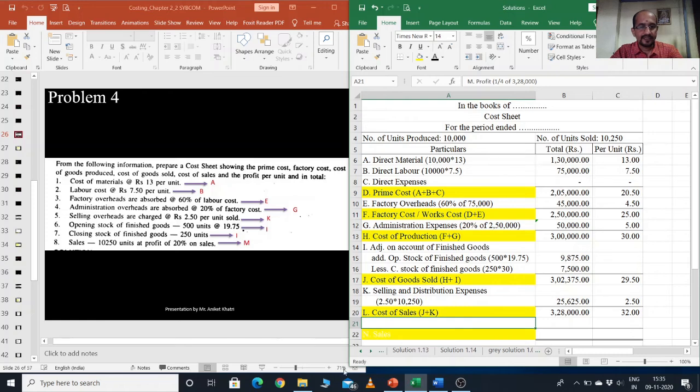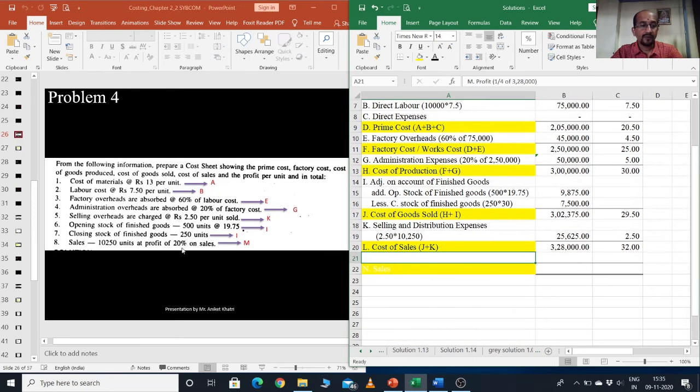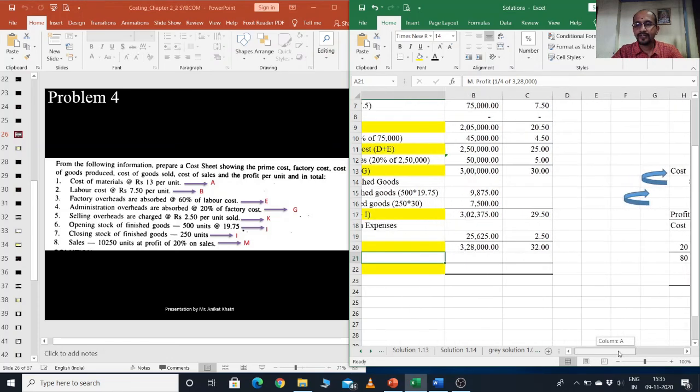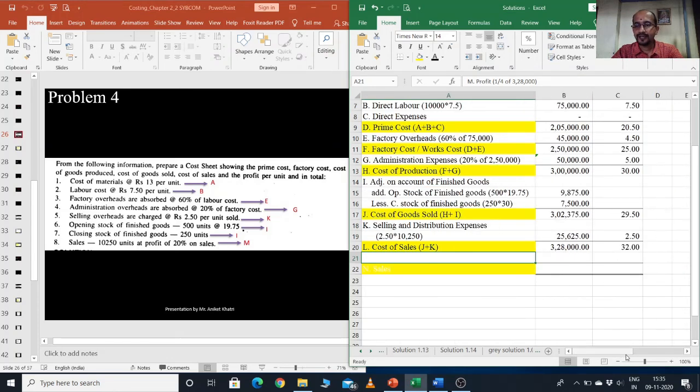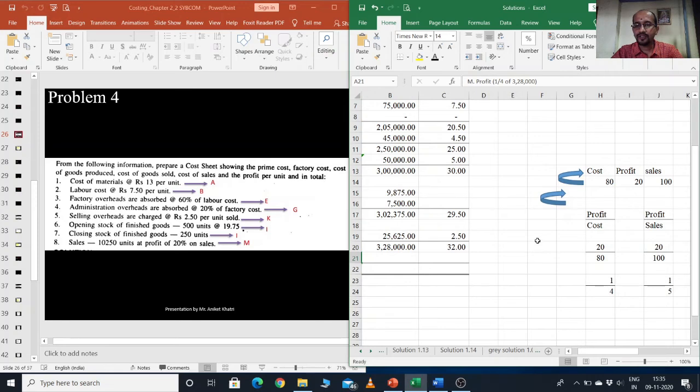Now last, that is profit. They have already mentioned here 10,250 units at a profit of 20% on sales. So again, what we need to do, if you remember, we have solved many problems on this, right?